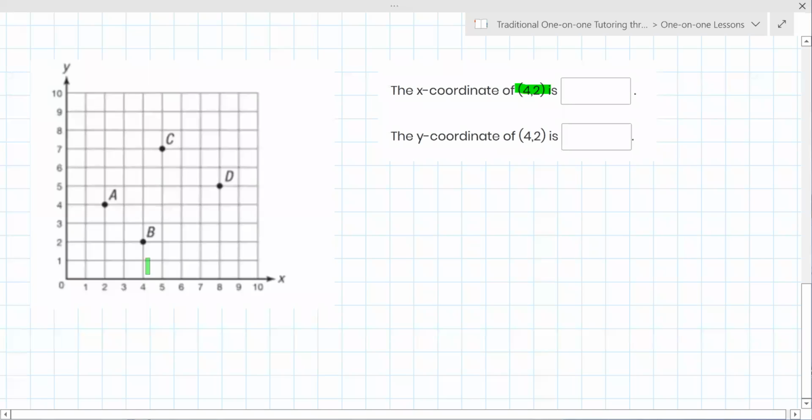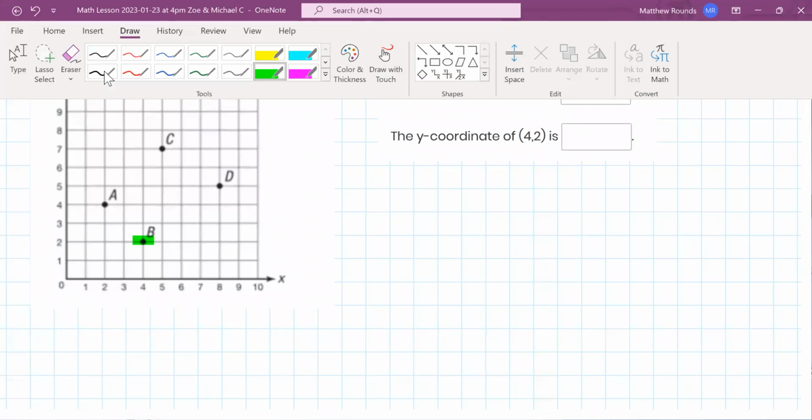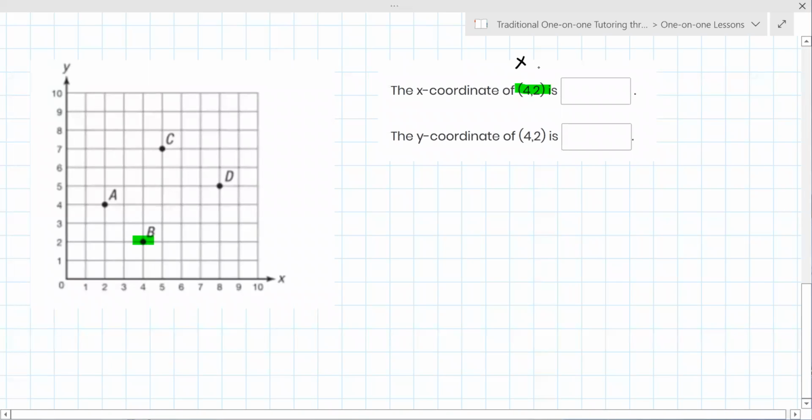I say B. It is B, okay? And by now you're supposed to know that the first number is the X and the second number is Y. So when it asks for the X coordinate, it is asking for the first number, which is 4. The 2 is the Y coordinate. It's the second number.